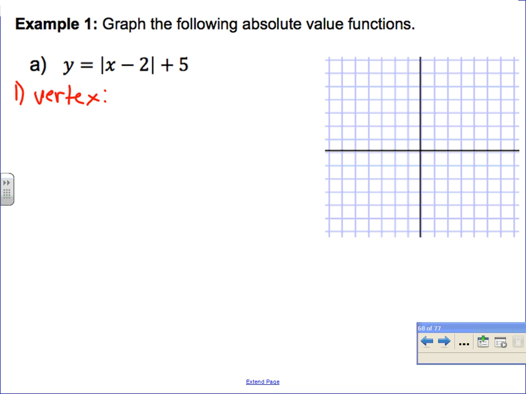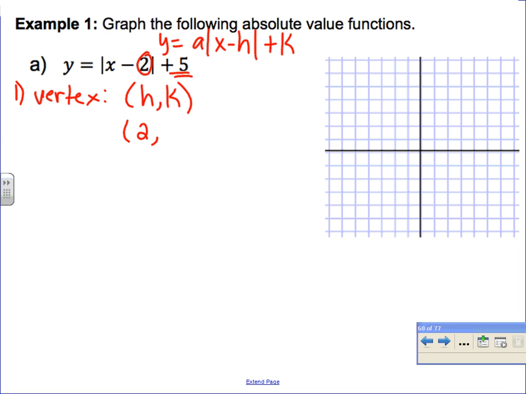The vertex is always H, comma, K. Our parent function, or our standard form, is y equals A times the absolute value of x minus h, plus k. So the vertex is always H, comma, K. Remember, here's the H. That standard form is always minus, so that H is 2.